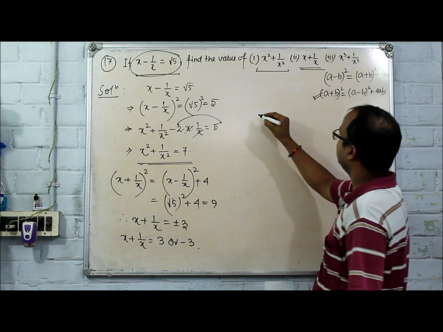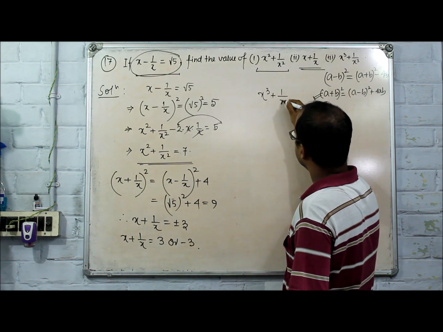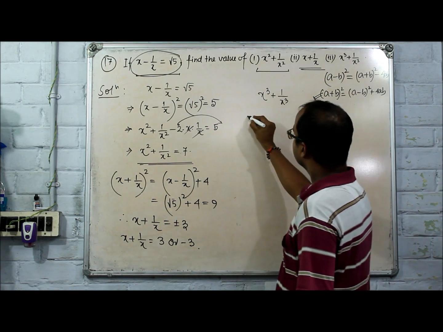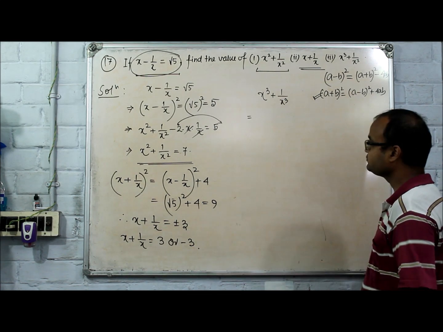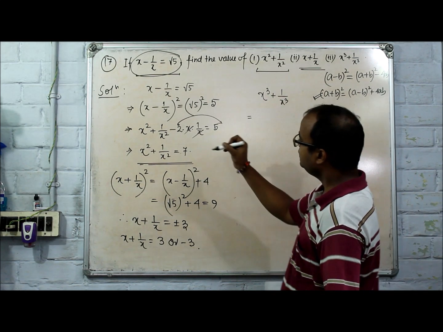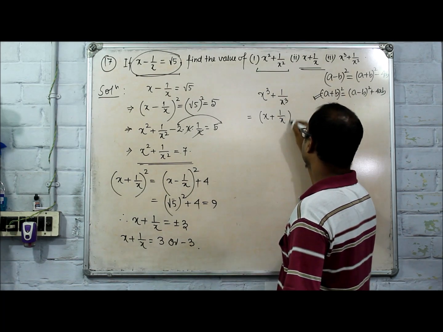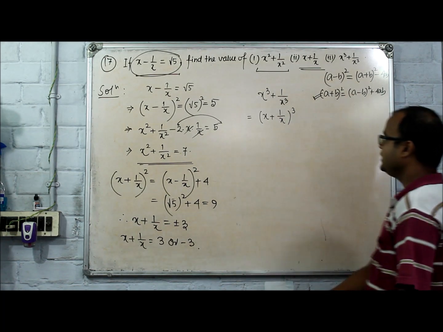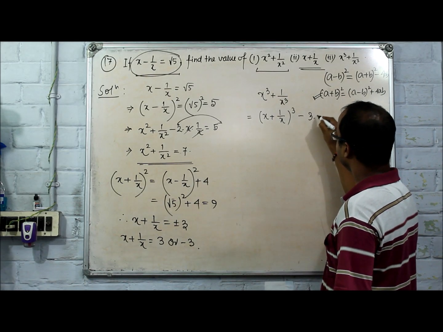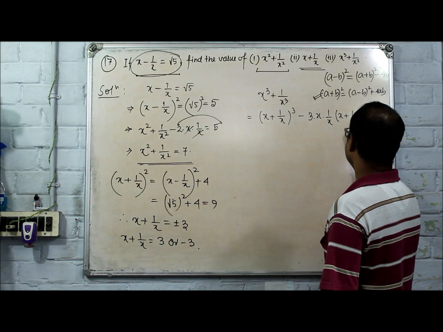Moving into the last part, that is x cube plus 1 by x cube. So apply the formula of a cube plus b cube. The a cube plus b cube formula is a plus b to the power 3 minus 3ab into a plus b.